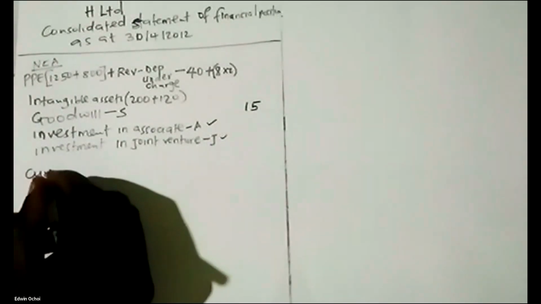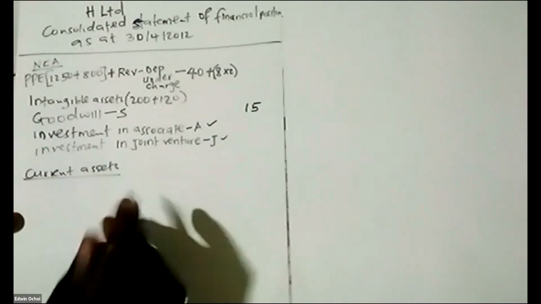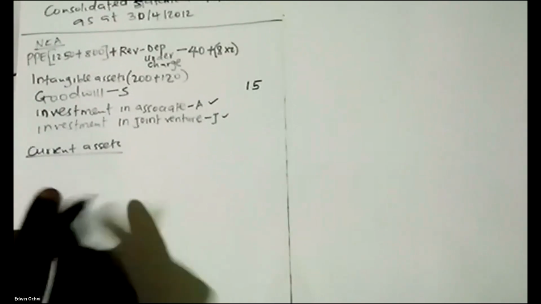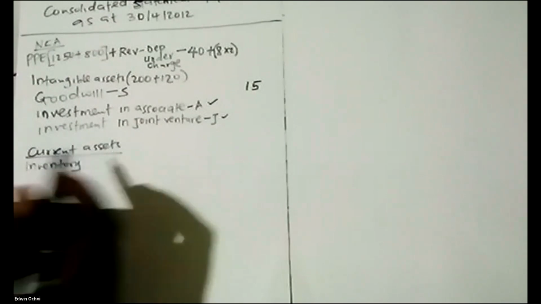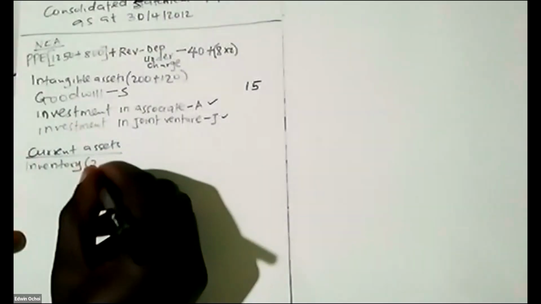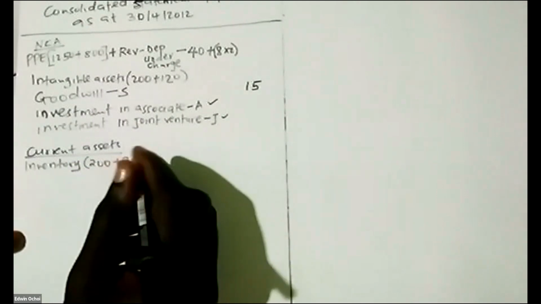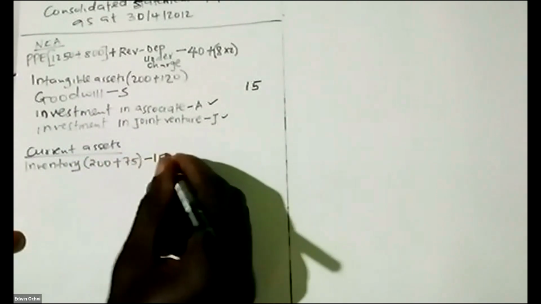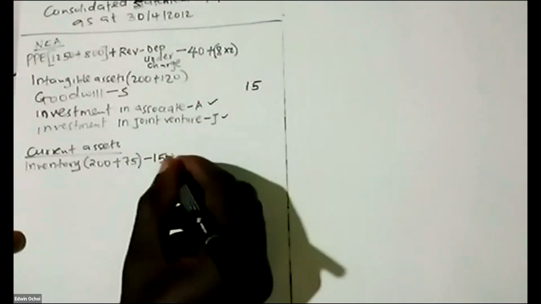So then we have current assets. For the current assets, we have the inventory. So inventory, that is 200 plus 75, parent plus subsidiary. You minus UPS, and here is profit on stock. You add goods in transit.